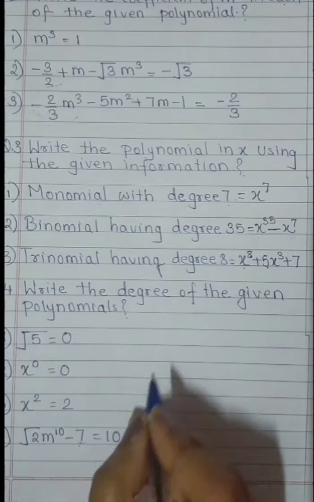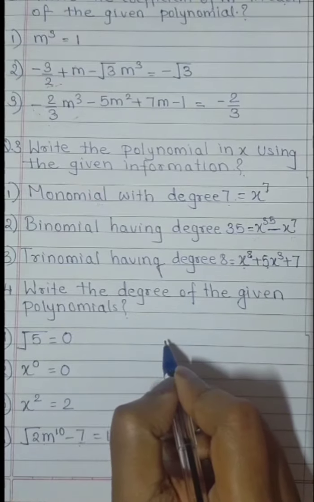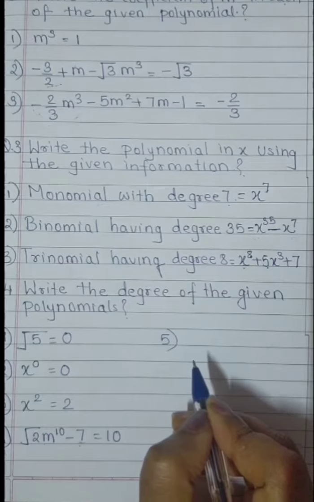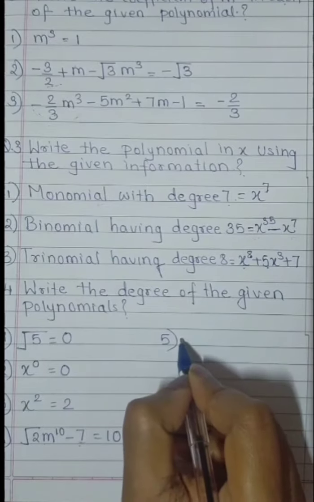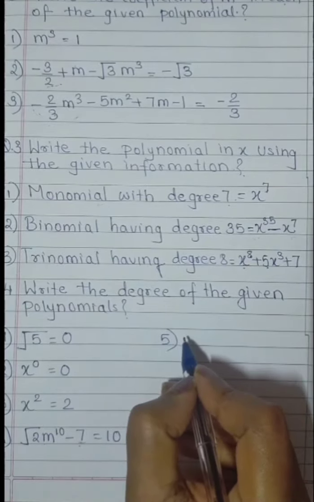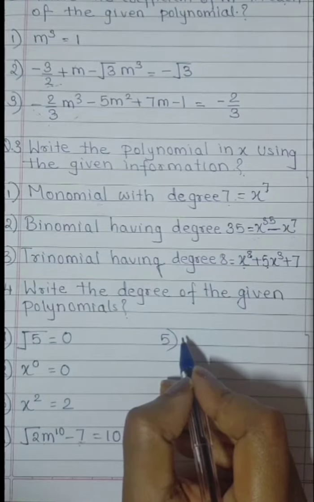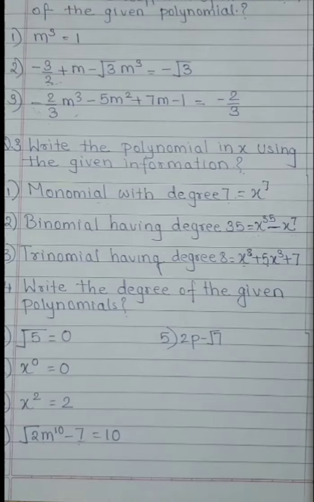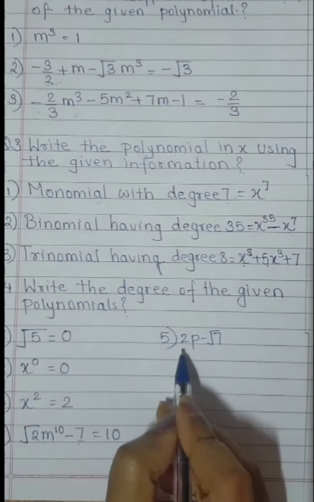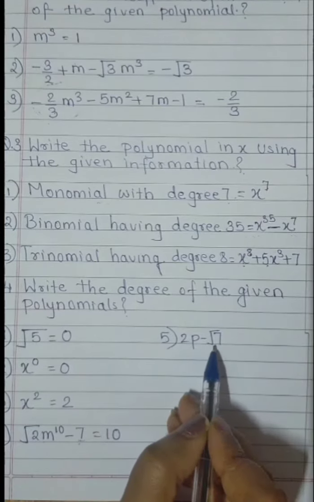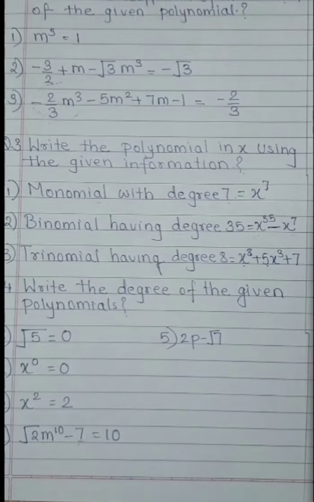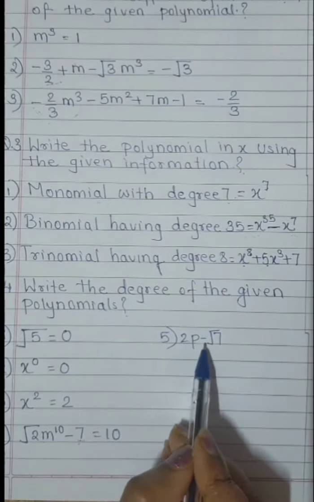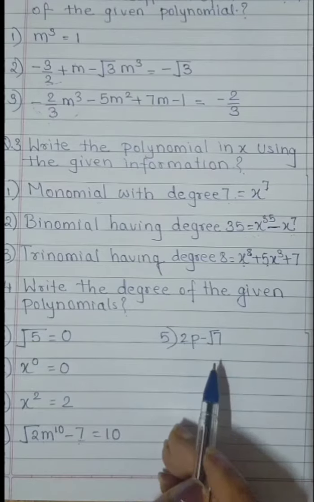Now fifth one I am writing here. I hope it is visible. Fifth one is given 2p minus square root 7. So p with variable means 2p is given and minus square root 7 is given.